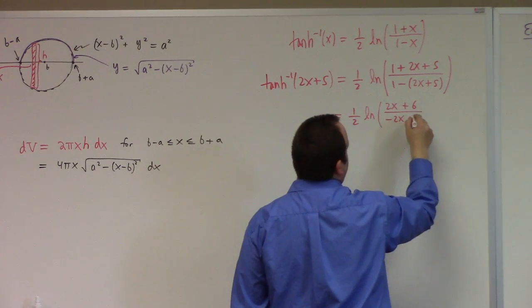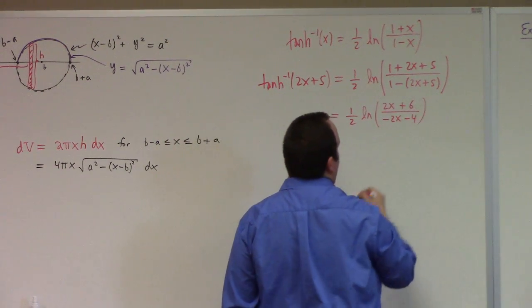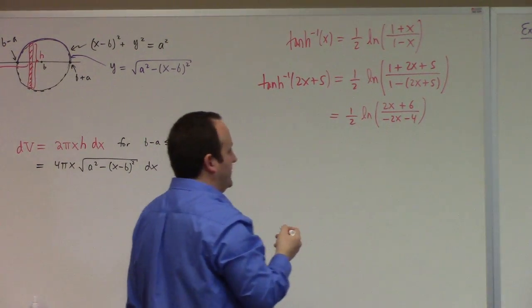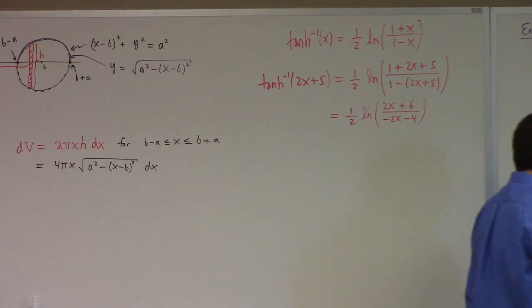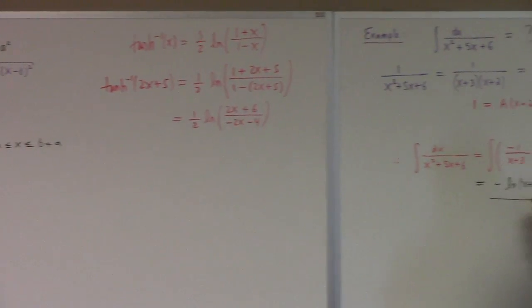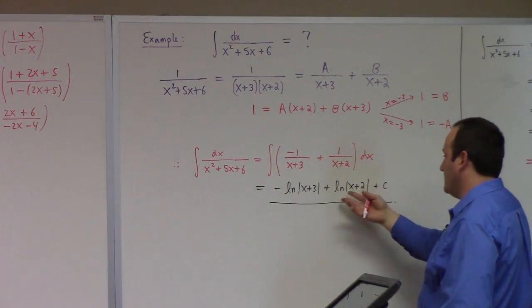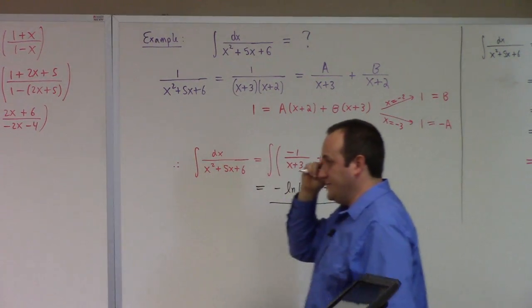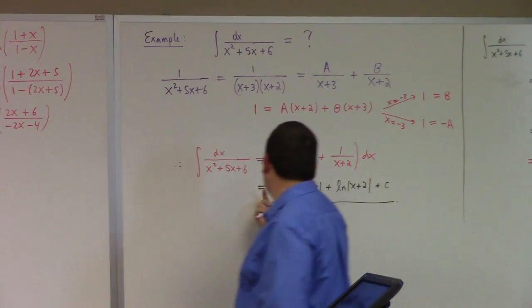Minus 2x what? Minus 4. Curious. I think in order to understand why these are equal, I have to get into the issues of where the domain is. Actually, I think this is only true for certain x, whereas this is true for what?